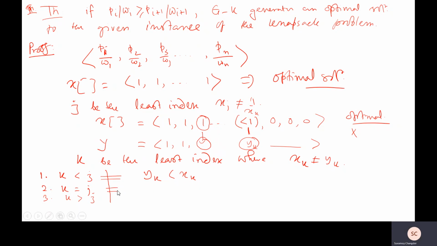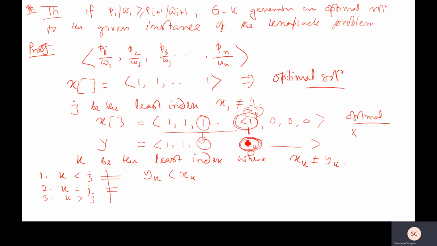If k equals j, that means here xk and yk differ, and this value is less than 1. Now if this yk is greater than xk, then what will happen? We are exceeding the capacity of the knapsack. Think about it. Here, after selecting all the weights, we were bound to select a value less than 1.